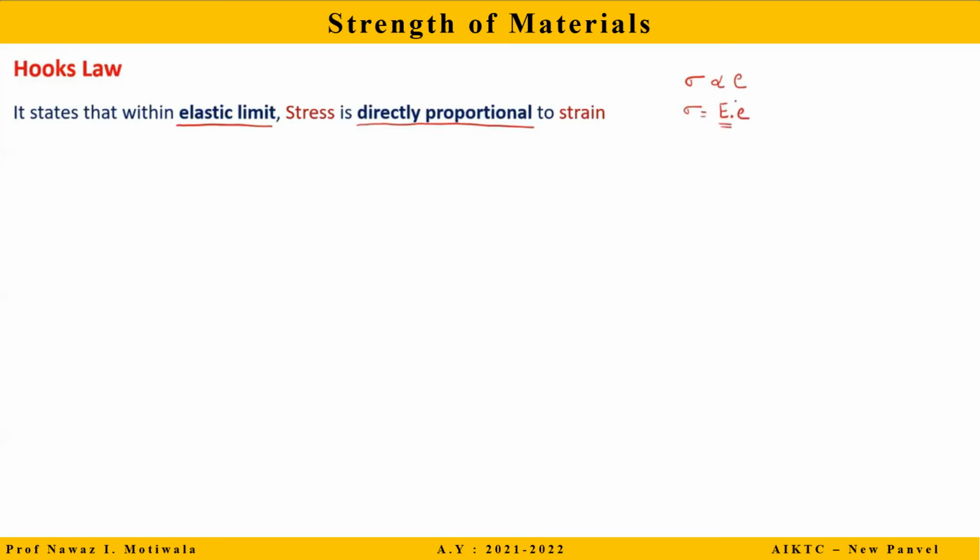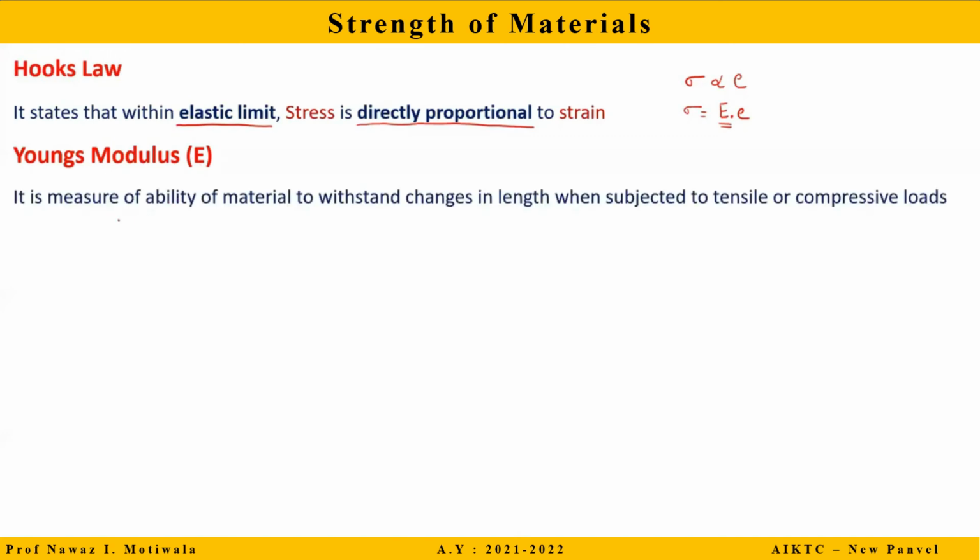Now this new term has been introduced, E, which is Young's modulus. Let us now see what Young's modulus means. So Young's modulus, as you all know, is denoted by capital letter E, and is defined as the measure of the ability of a material to withstand changes in length when subjected to tensile or compressive load.